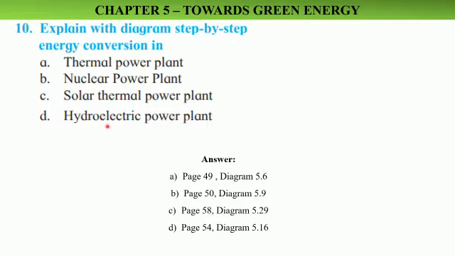So the page numbers and the diagram numbers have been given to you here for each of these 4, and in the next 4-5 slides the explanation for each of them has been given. So you will refer to the explanation in the next 4 to 5 slides, and diagrams you will draw from these page numbers.